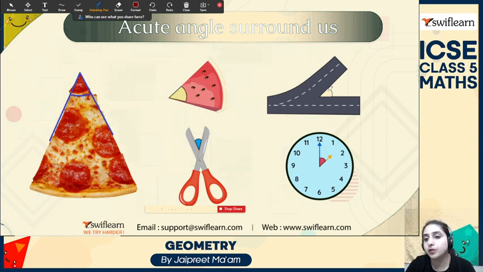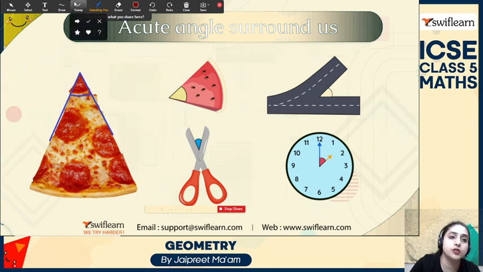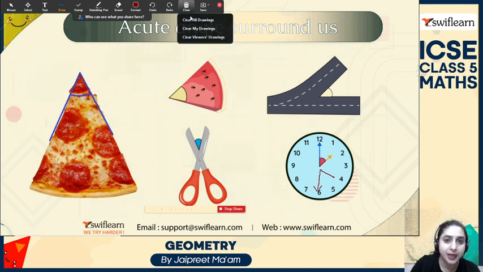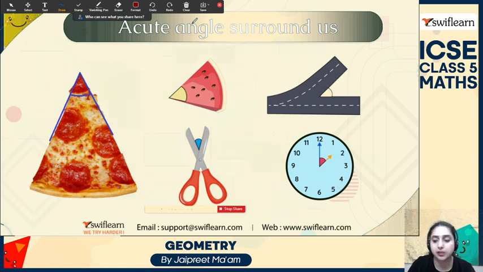Then roads like this, meeting at a point, also make an angle. Then a scissor, then a clock. There are so many, at so many times they are making it. For example, 4:30 is also an acute angle because it's less than 90 degrees.